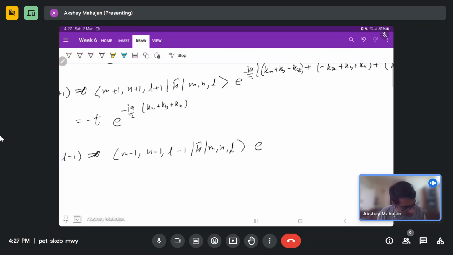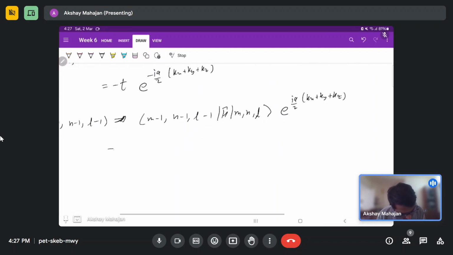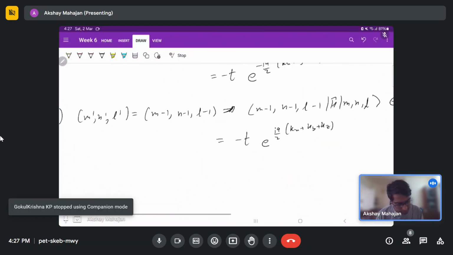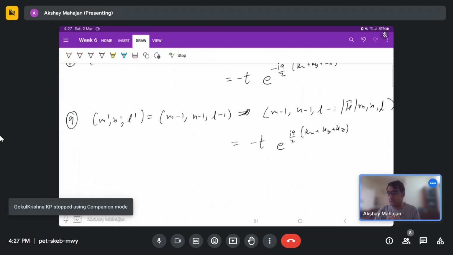It will be e to the power iota a by 2 times (kx plus ky plus kz). This you can check. And this will be again the hopping term. So what we get is minus t e to the power iota a by 2 (kx plus ky plus kz).